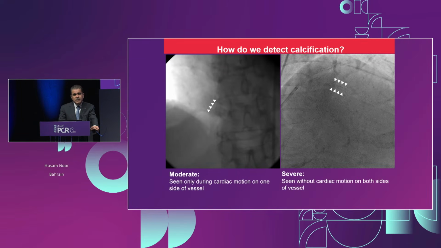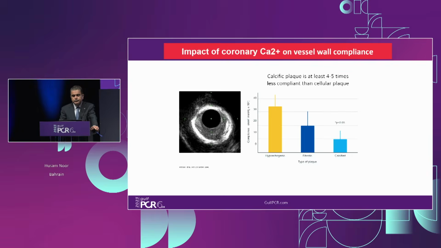We're used to assessing calcium just by looking angiographically, where you can tell whether it's mild, moderate, or severe. The case that Dr. Hussein Al-Umri showed us earlier definitely was severe calcium, because you can see the calcium even on the still images.